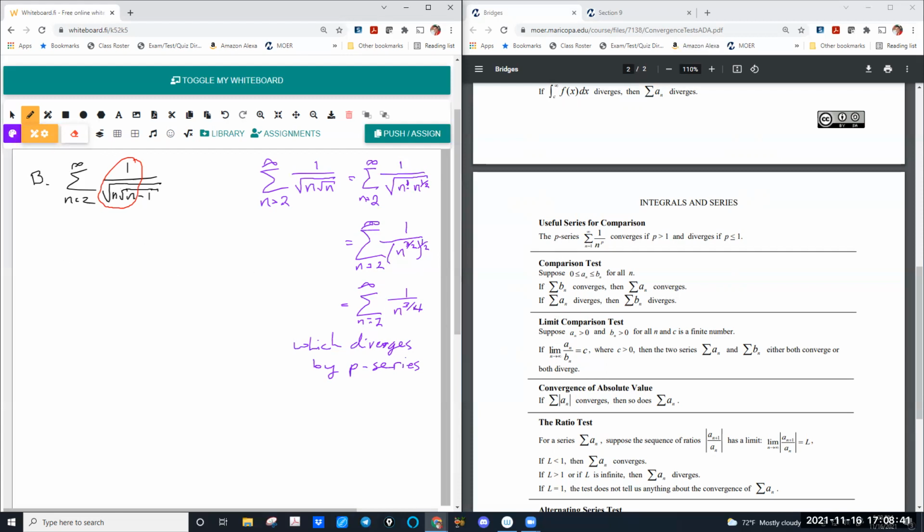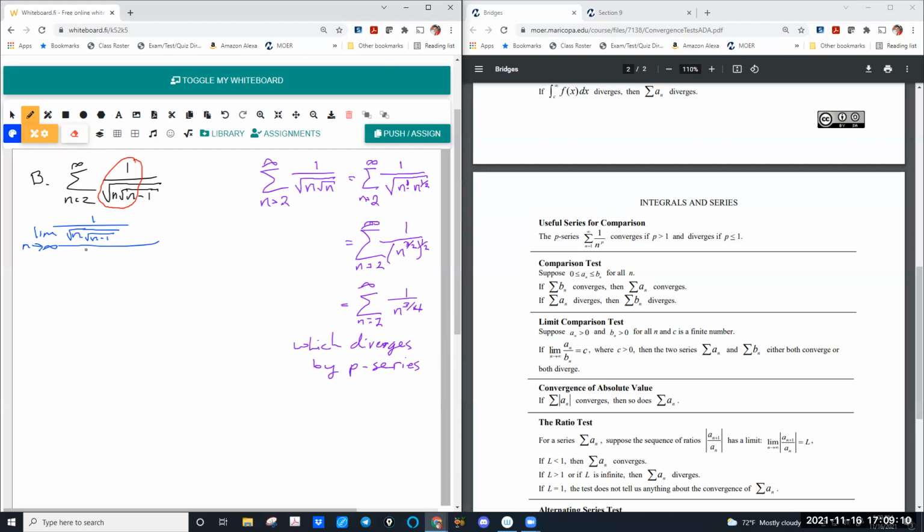So we're going to use the limit comparison test. The limit as n goes to infinity, I'll put this one on top, and again that's arbitrary: the square root of n times the square root of n minus 1, over, and I can just write it like this, 1 over n to the 3/4.